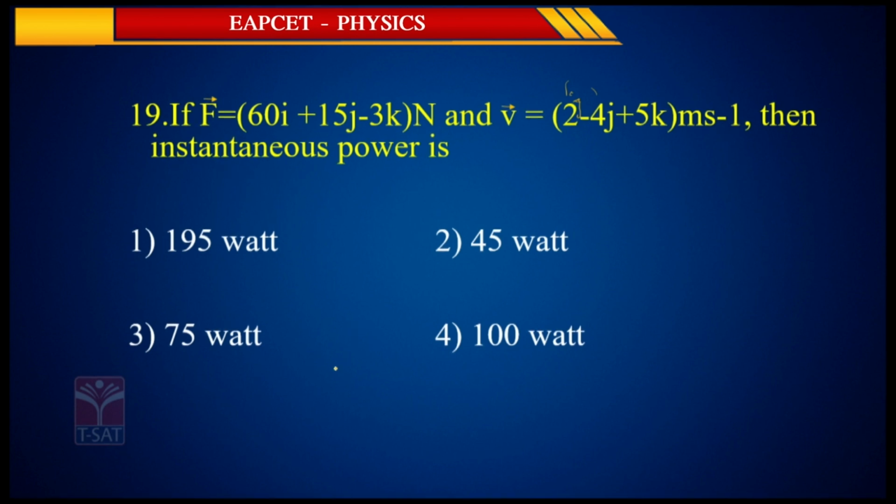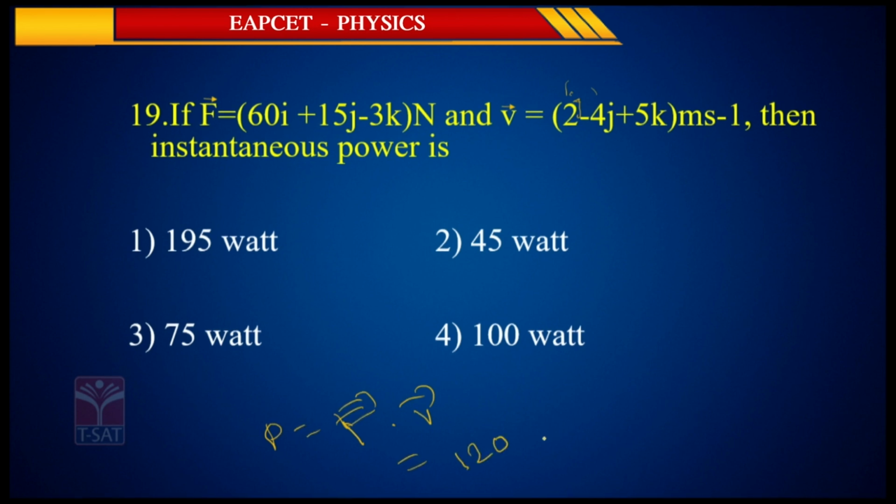What is the instantaneous power formula, children? Power P is equal to f bar dot v bar. Okay, directly you calculate 60 into 2. At I place, f place 60 is there, at v place 2I is there.